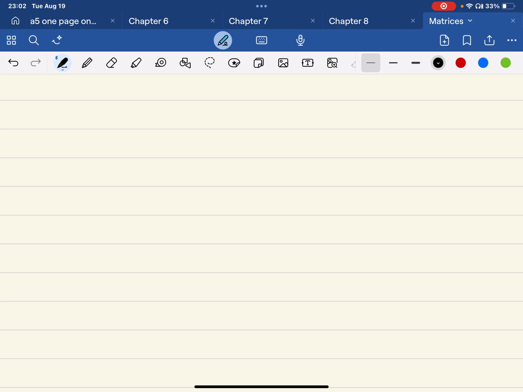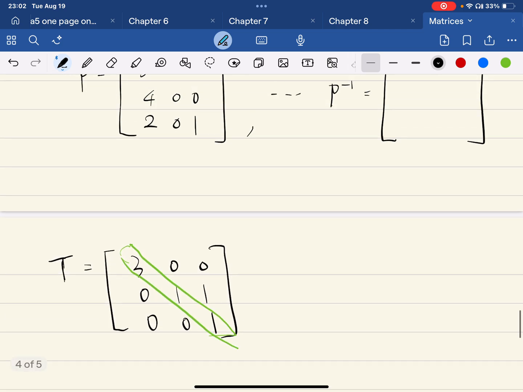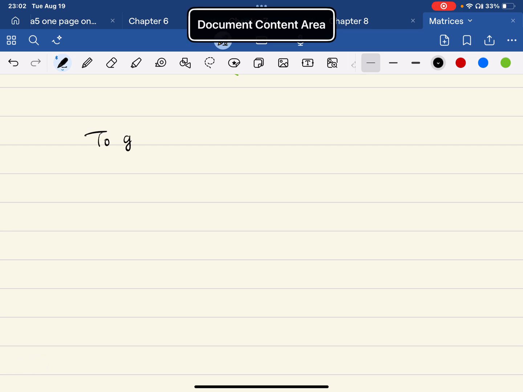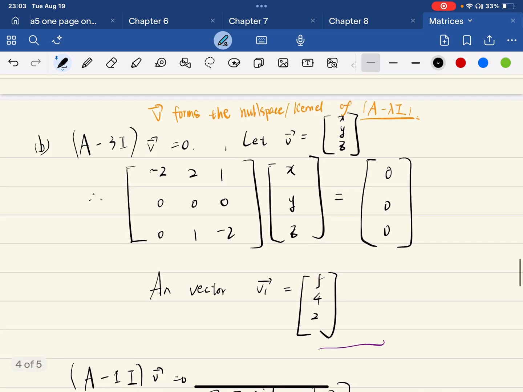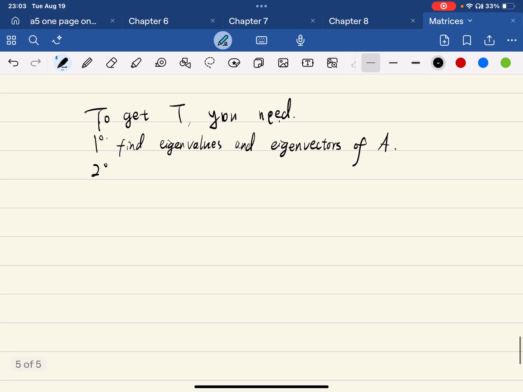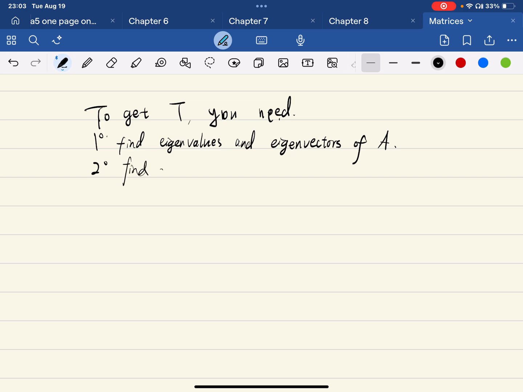And now for linear algebra, we have many exciting properties, but here let's make it clear that to get T, you need: one, find the eigenvalues of A. Number 2, what we have done is find a generalized vector.